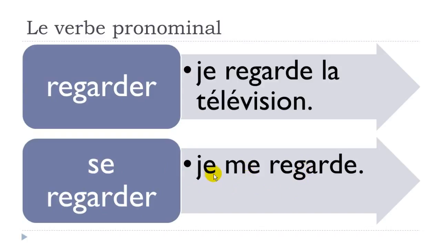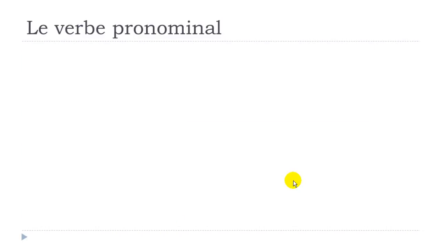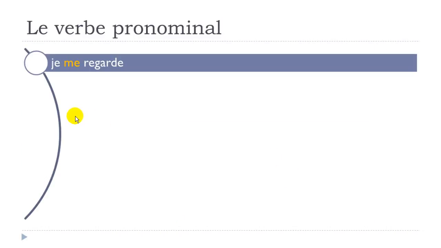So you will have to add this me before the verb. Je me regarde. Let's see how we will conjugate this verb in the present.